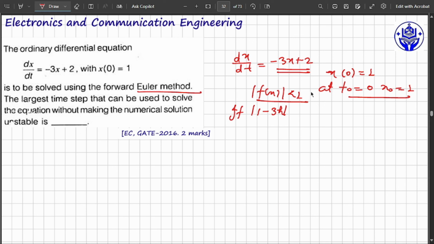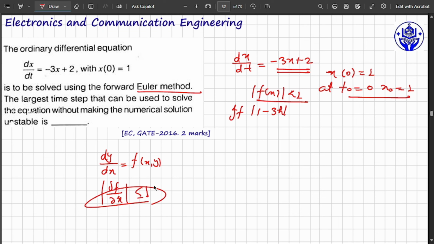What is the stability condition of a differential equation? If you have dy by dx is equal to f of x comma y, then the mod of the partial derivative of f should be less than or equal to 1. This is the stability condition.